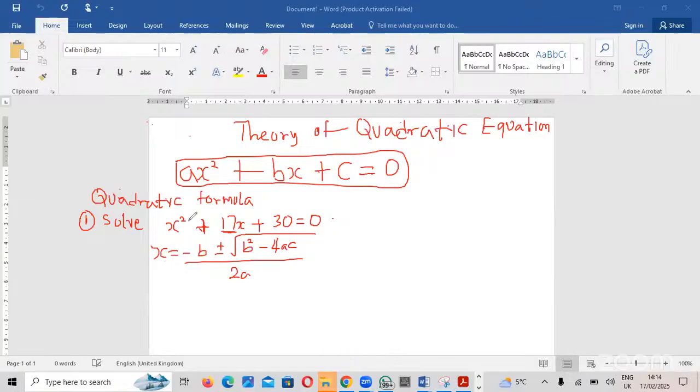So the number at the back of this is 1, so say our a is equal to 1. If it is 10, you put it as 10.